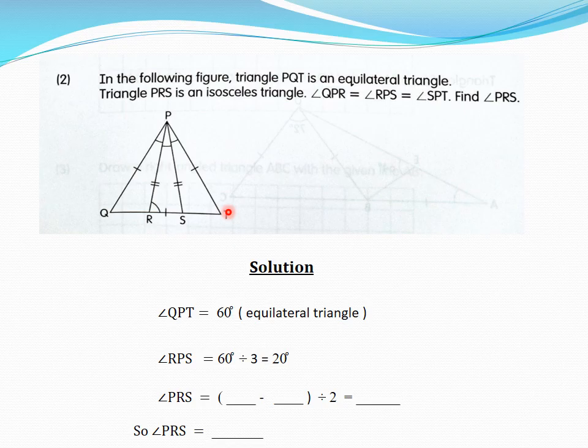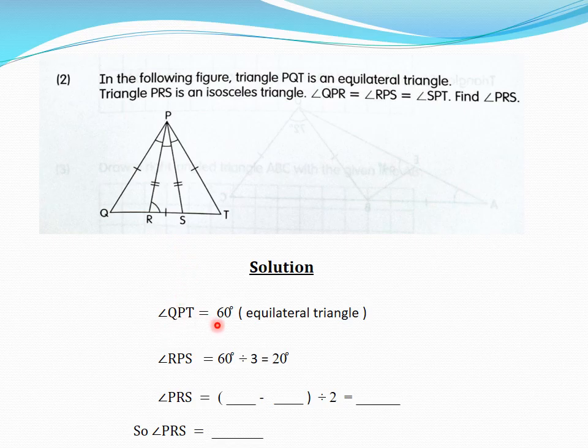Because it is the equilateral triangle, it means angle P equals 60 degrees, and angle Q equals 60 degrees also, and angle T equals 60 degrees also. So it means that the vertex of angle P equals 60. But if we have three sides like this, how do we do? So teacher gives some clue for you. You look together.